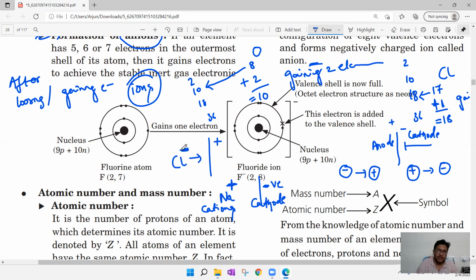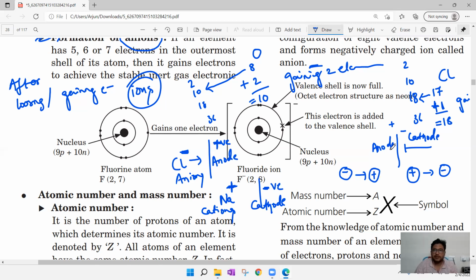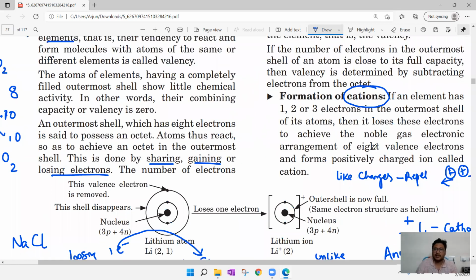And you see chlorine, it is negative. It is moving towards the positive terminal. Positive terminal is known as anode. What will be moving towards anode? Anions will be moving towards anode. Anion towards anode, cations towards cathode. Here they have given, you see cations: if an element has 1, 2, 3 electrons in the outermost shell of its atom, then it loses these electrons to achieve what?